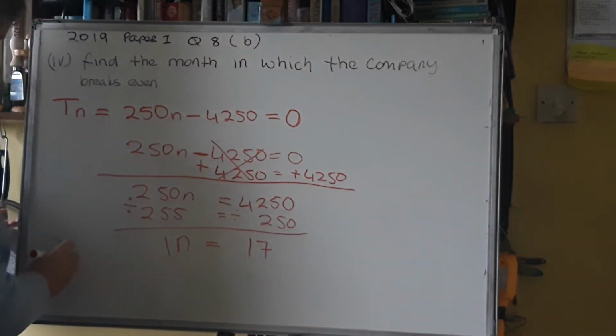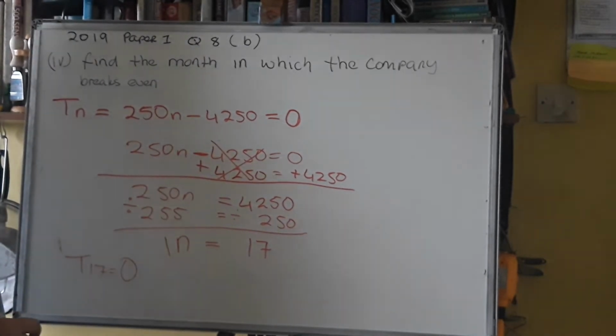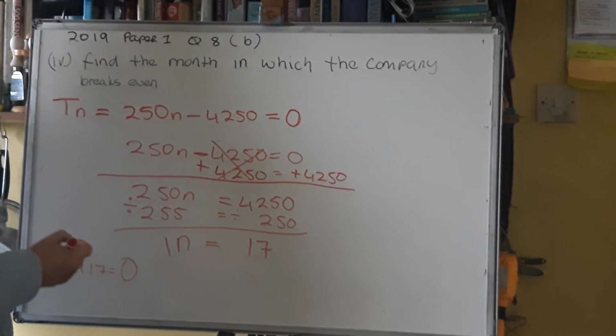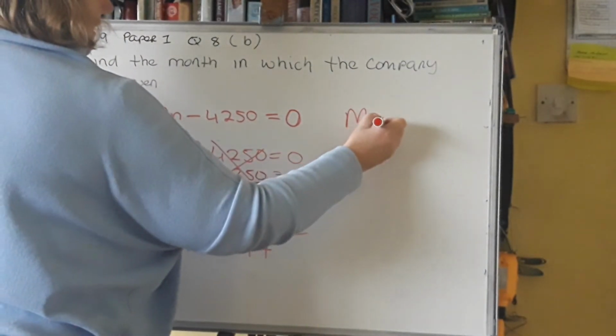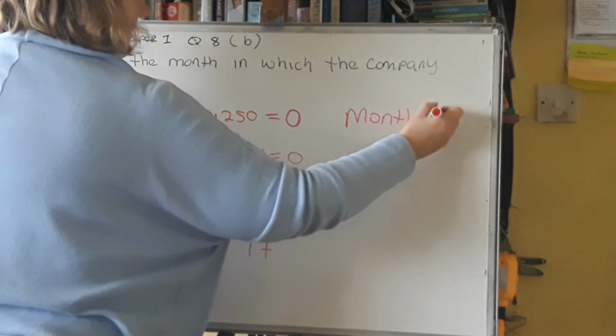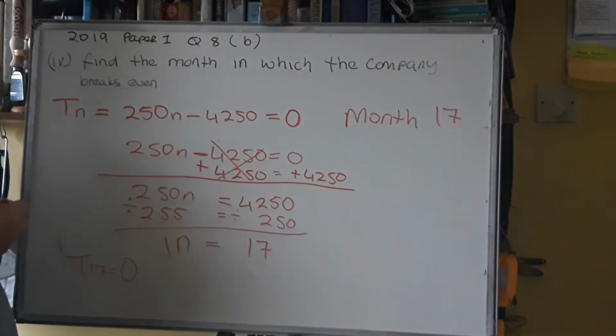So term 17 is equal to 0. That's the one where it breaks even. Okay, so they break even on month 17. That is the break even month. Okay?